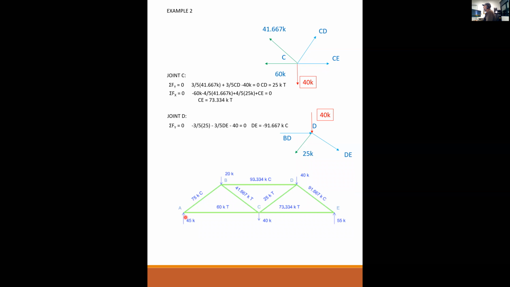So the force in this member is constant along the entire length of that member. There's nothing being applied that would change the load in the member as you're going along. Okay, thank you.